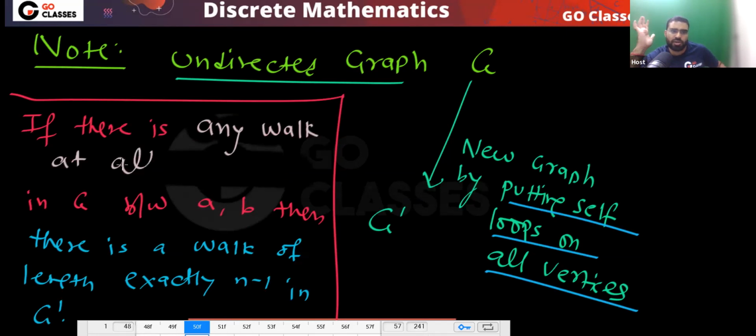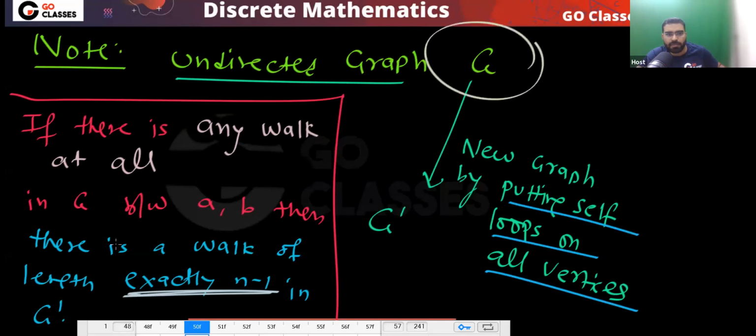If there is any walk at all in G between A comma B, then there is a walk of length exactly n minus 1 in G dash. That walk in G can have length 1, 2, 3, 4, n minus 1, any length. But if I put all the self loops, then I only have to check exactly n minus 1 length.